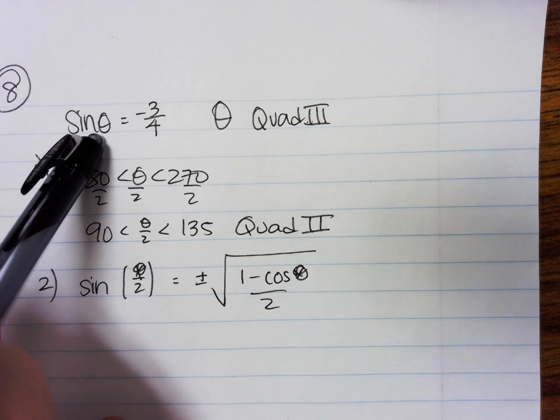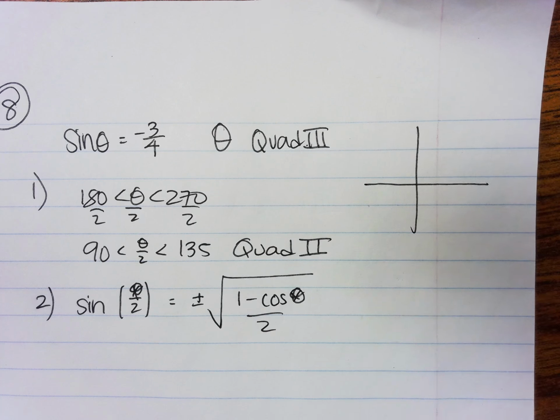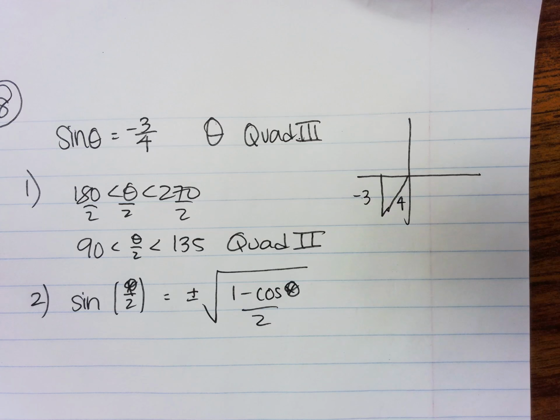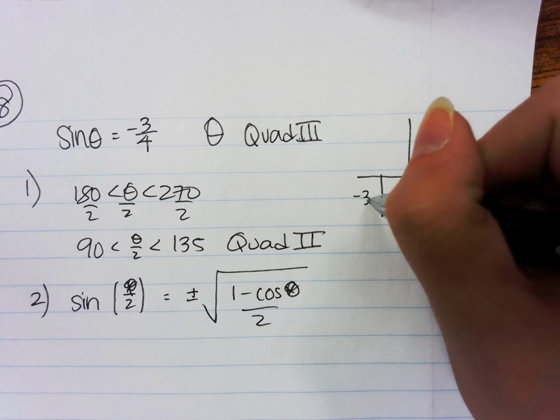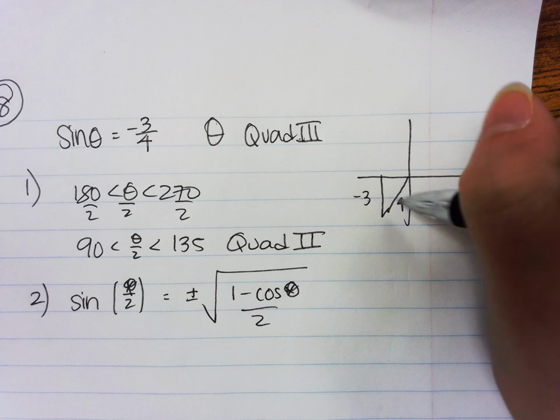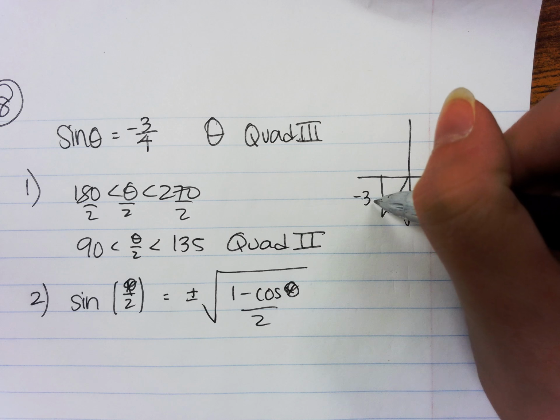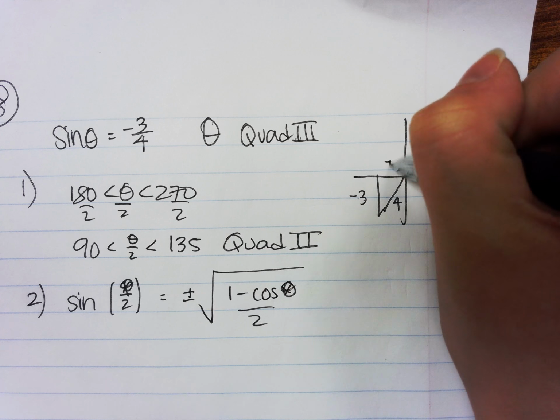We have sine of theta, but we can find cosine of theta by graphing it. In quadrant 3, negative 3 over 4 is our opposite over our hypotenuse, and then we can find our x value. So 4 squared is 16, minus 9 is 7. So this is root 7, and it's going to be negative in quadrant 3. So our cosine value is negative root 7 over 4. And that's where we're going to plug into our formula.